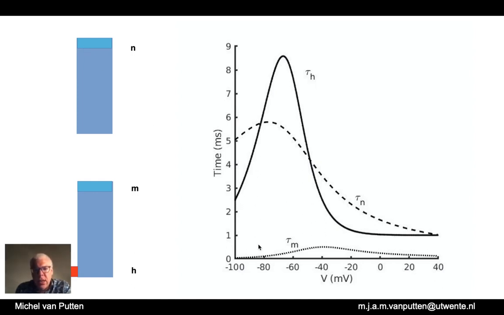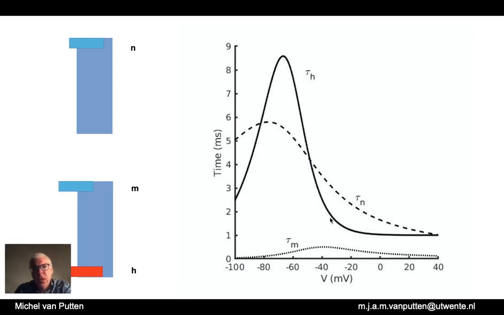And for the N gate, the time constant is not really a constant, it is a function of the membrane voltage as well, to make things more complicated. And this one, the dashed curves, is for the potassium, for the persistent current channel, and the H and M time constants are for the sodium channel. And note that the time constant, for instance, of the activation gate is much smaller than the inactivation gate. And that makes sense, of course, and you can probably figure out yourself why that is the case.